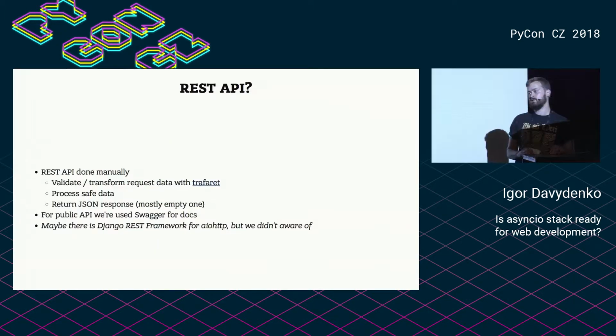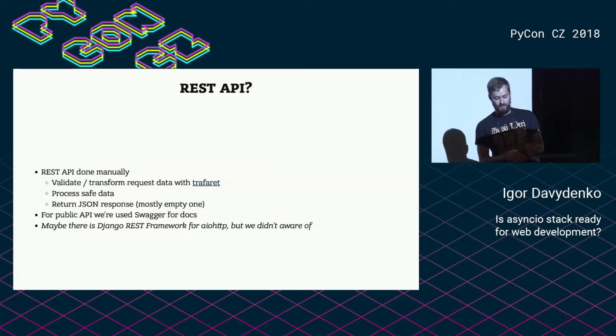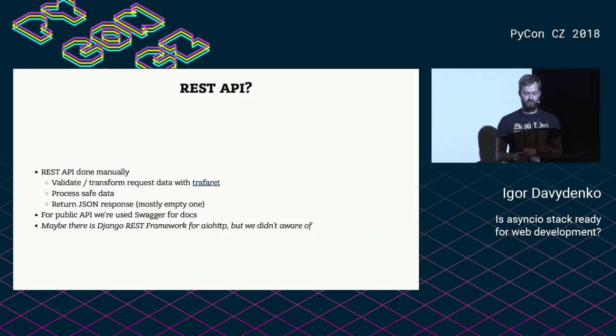REST API, okay, so REST API, in our case, we did it manually. Maybe because we could not find a good solution. Like in Django, we have the amazing Django REST framework. I really love how the guys manage it. And maybe this new project from the author of the Django web framework will be good as well.